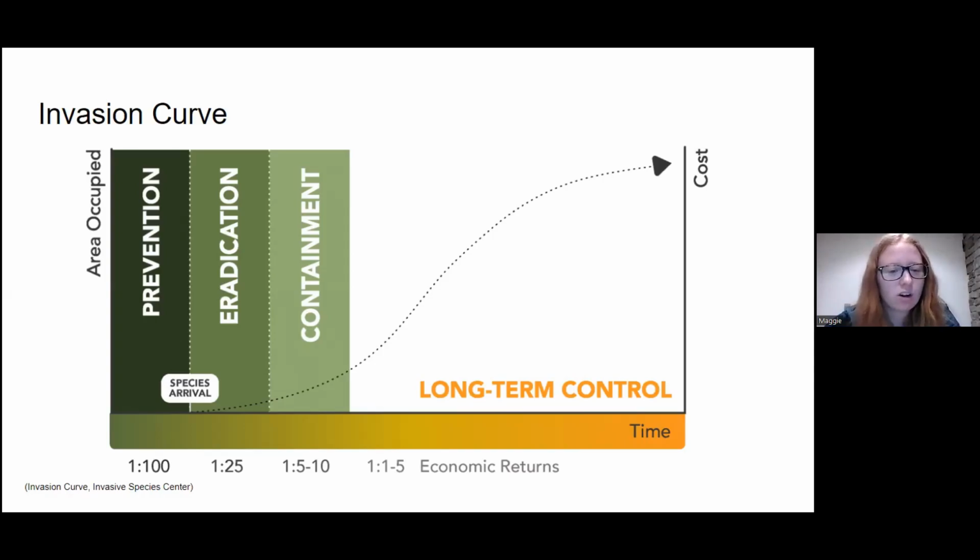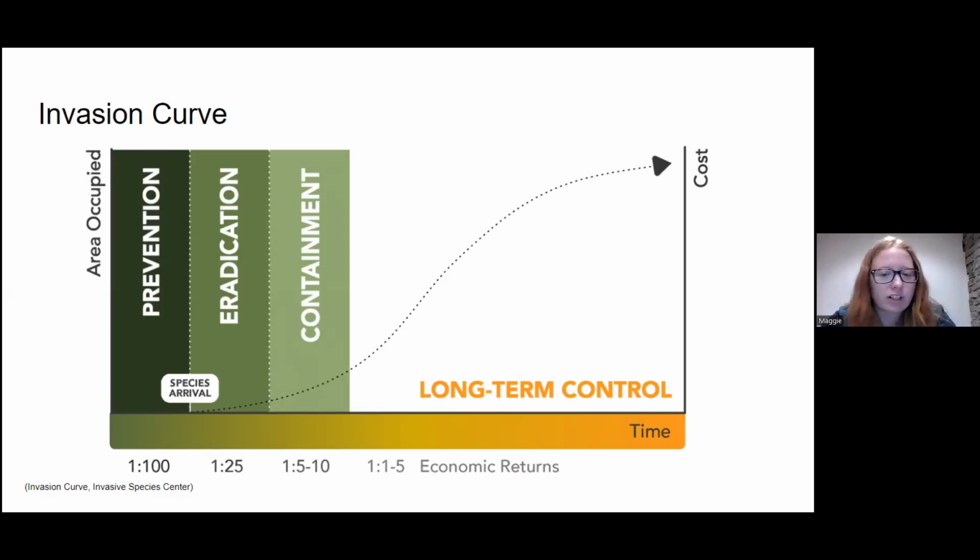And the longer that period goes on, the less likely you are to actually be able to remove the species from the area. So then it becomes more of containment, managing the population so that it doesn't continue spreading.